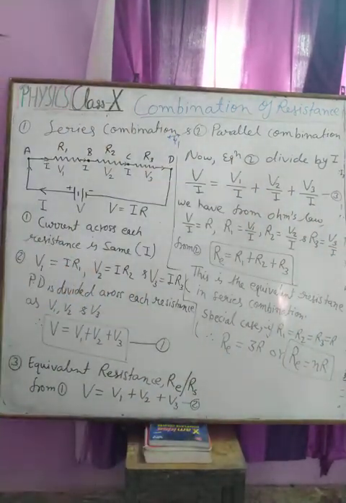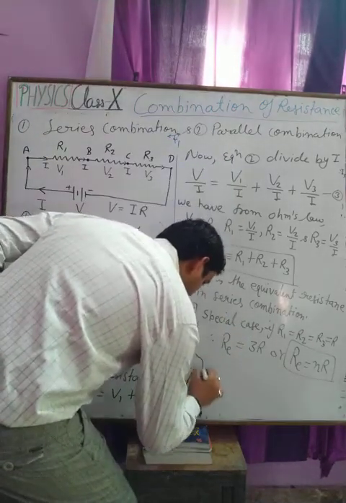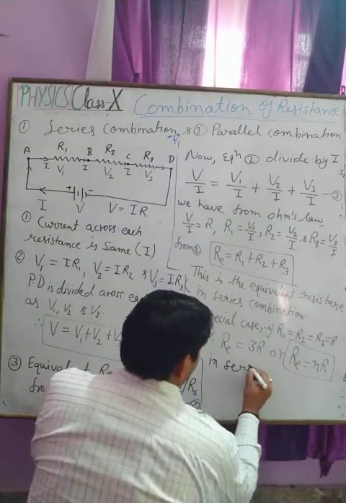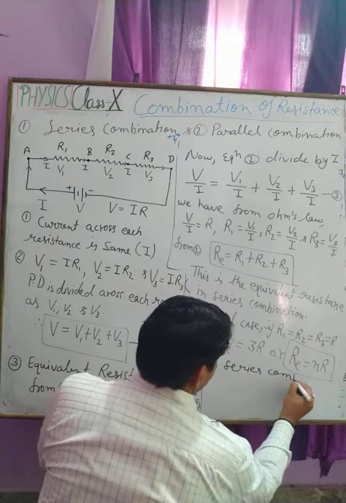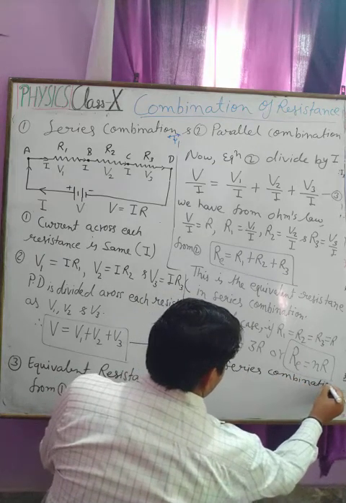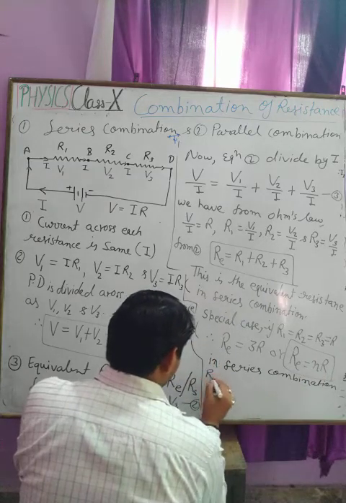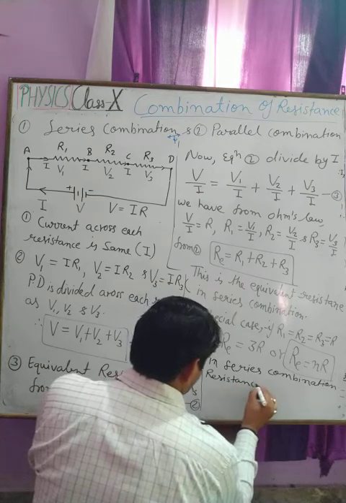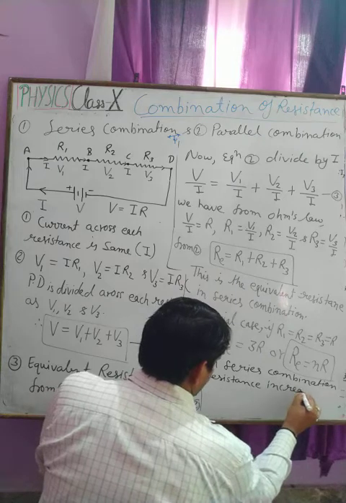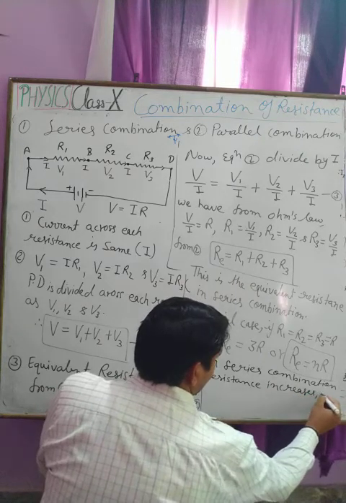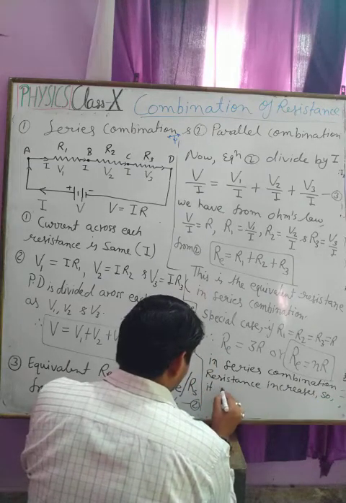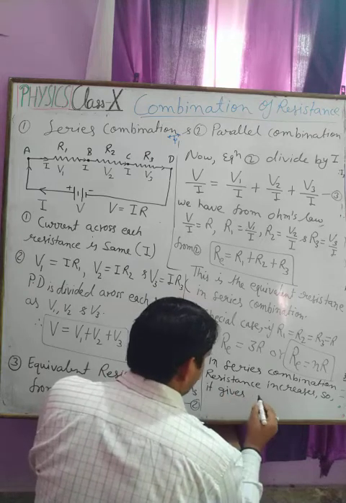ये एक रूल हो जाएगा स्टूडेंट, एंड वी आर फाइंडिंग in series combination resistance increases so it gives minimum current.